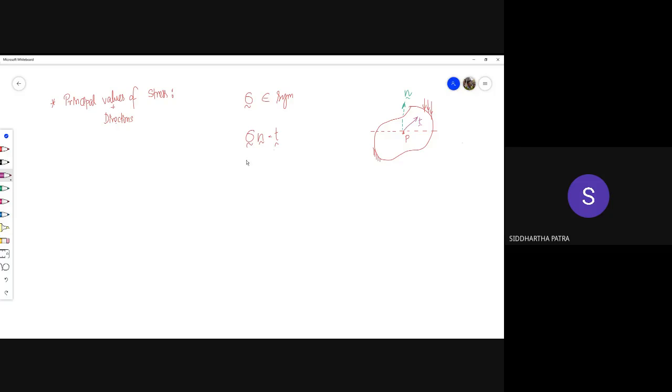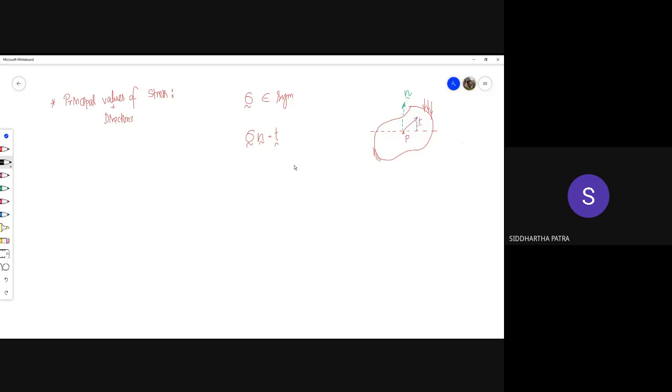Okay. Now I may be interested in finding out how much of that is actually normal to the plane itself. That means how much of that is parallel to the normal axis, or maybe I'm interested in the normal and the shear component. This exercise is going to be very similar to how we used to draw Mohr's circle.